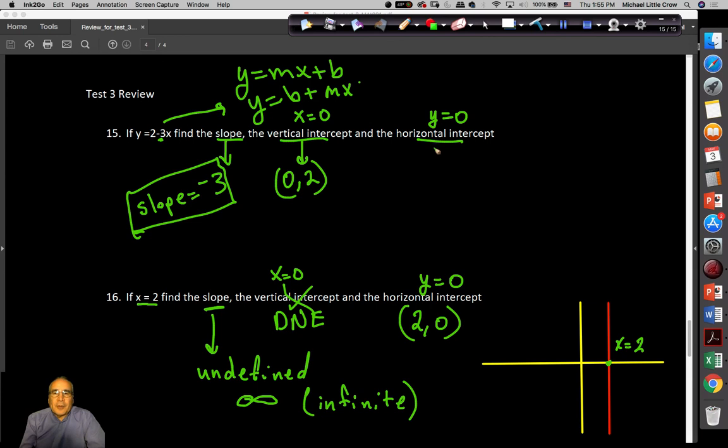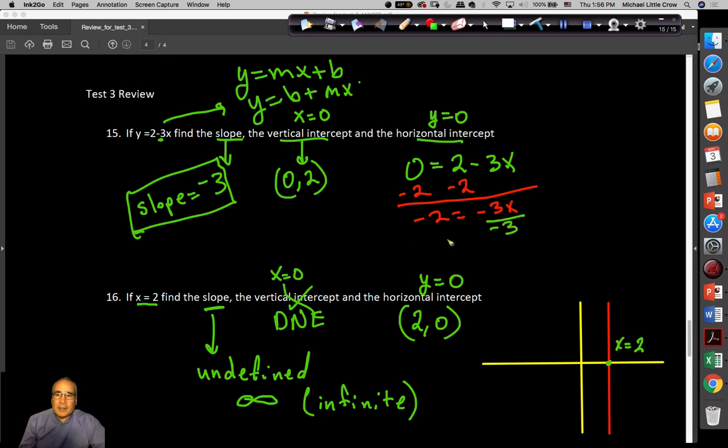Now if we need to find the horizontal intercept, which is asked, we will plug in 0 for the y, and then we will solve for x. Okay. So the first thing we do is to get x by itself. We will subtract 2 from both sides. And then we will divide both sides by -3.